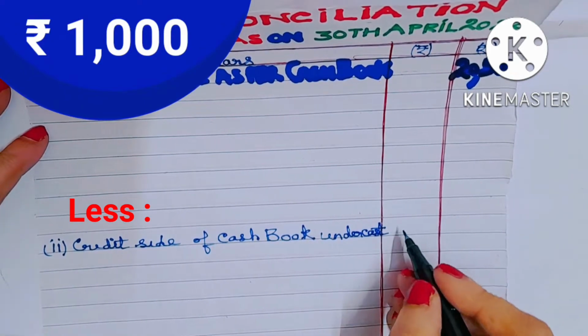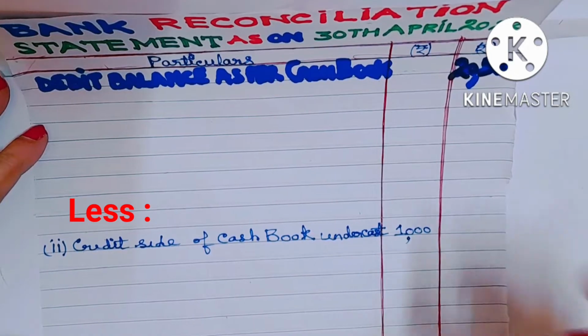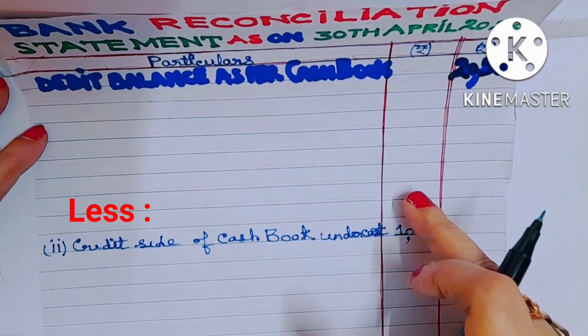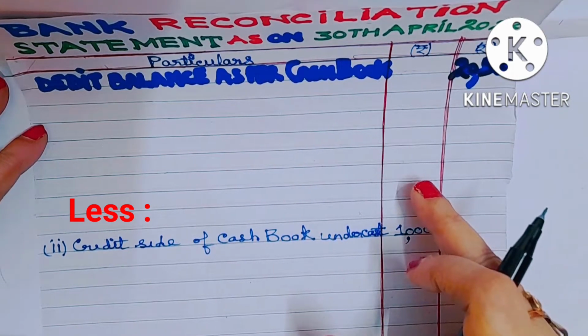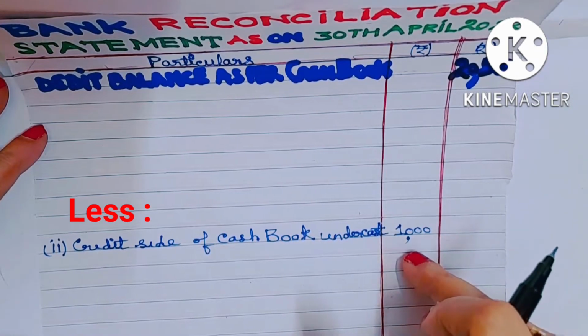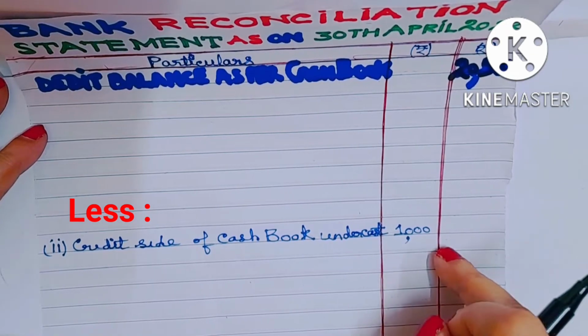So we'll write 1000 in the inner column. This is the first column. This column is known as inner column and this column is known as outer column. In the inner column, all the adjustments, that is add or less, are done here. So we have to write 1000 in the inner column or first column. Okay.